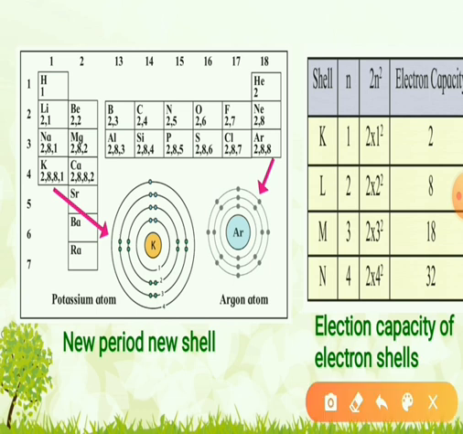Now consider the second period: lithium, beryllium, boron and so on. They consist of 2 shells, that is the K and L shells. The next, third period: sodium, magnesium, aluminium and so on, contains 3 shells, that is the K, L and M shells. Thus, the number of elements in the first 3 periods is determined by the electron capacity of the shells and the law of electron octet.